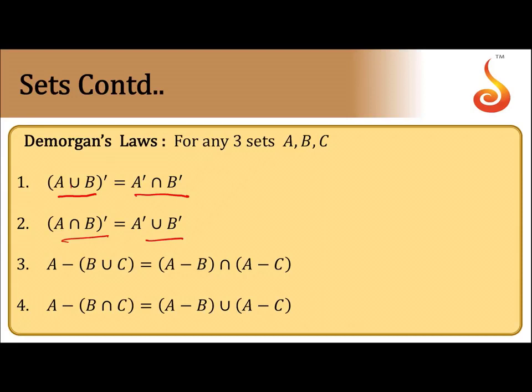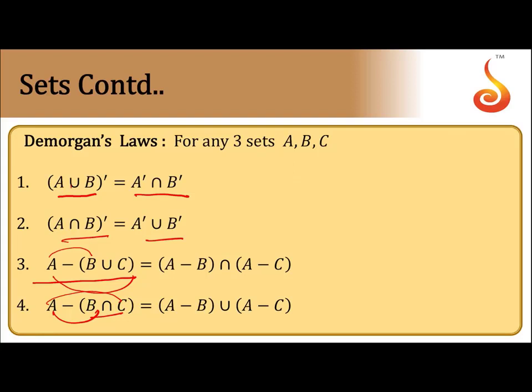In the same way, for differences, A minus (B union C) is (A minus B) intersection (A minus C). At the same time, A minus (B intersection C) is (A minus B) union (A minus C).